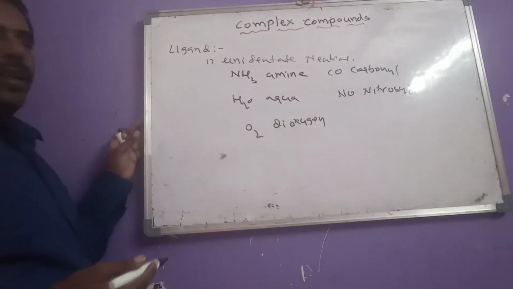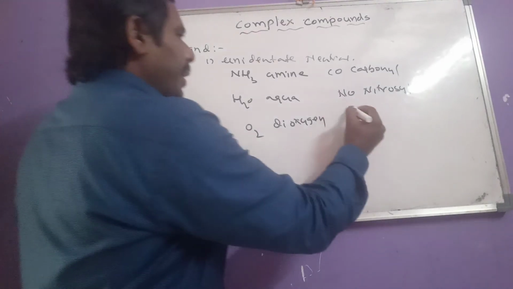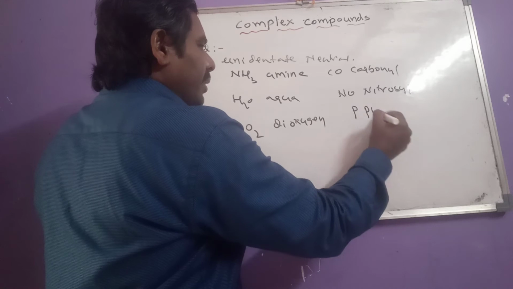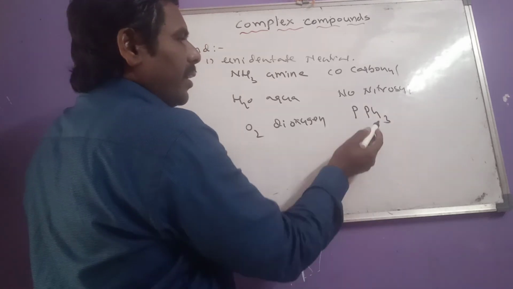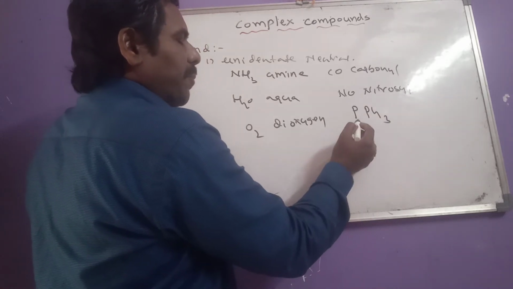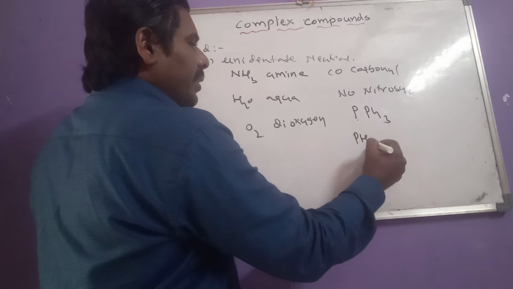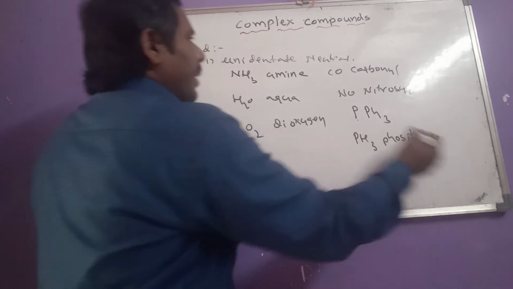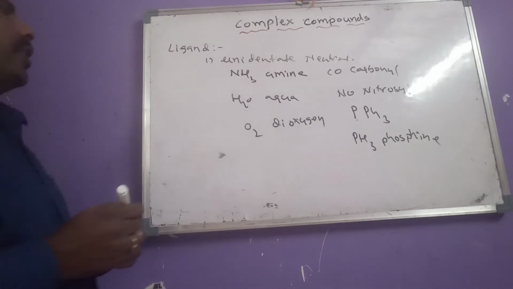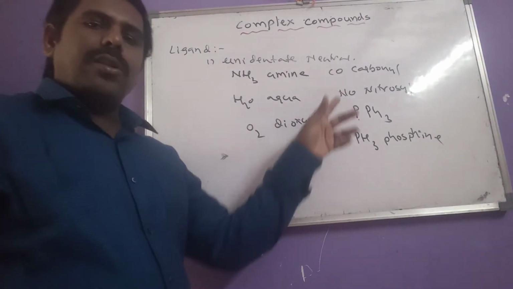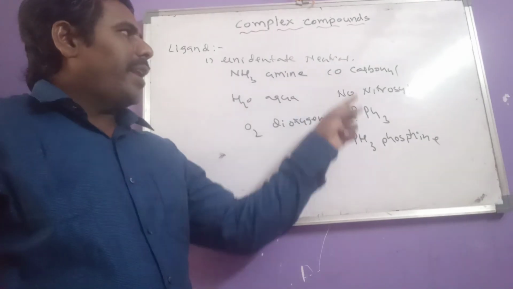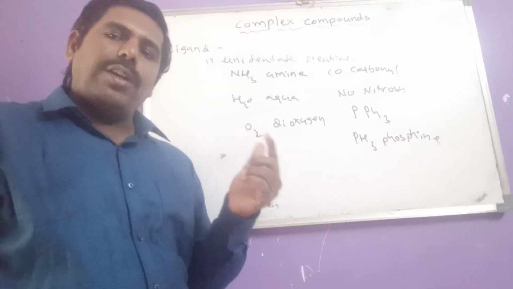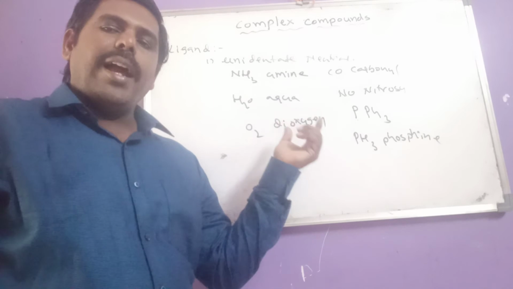And PH3, phosphine; PPh3 you can also consider here, triphenylphosphine. So these are some examples of unidentate neutral ligands. They have only one donor atom and no charge.